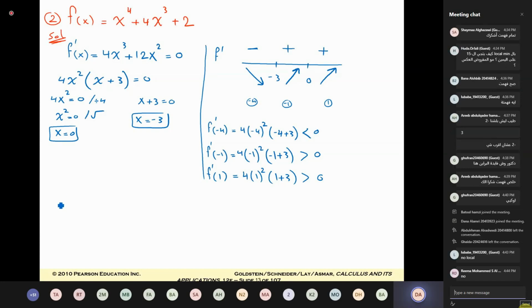So we can conclude f of x has local minimum at -3, and we can find f in -3 to find the point.